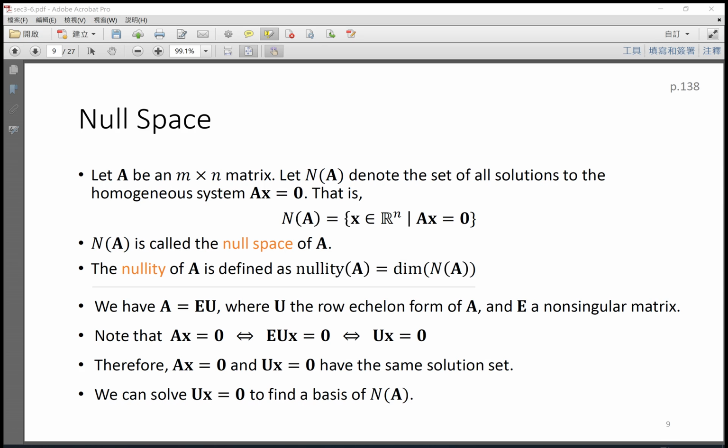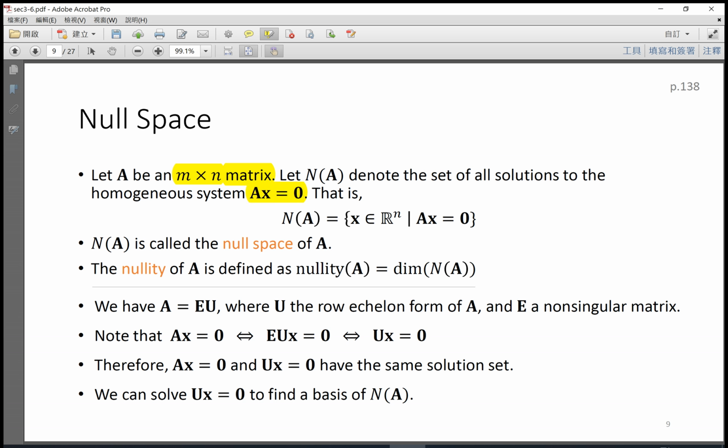Next, we will revisit the definition of null space, which is on page 138 of the textbook. Let A be an m times n matrix, and the null space N(A) denote the set of all solutions to the homogeneous system AX equals 0.